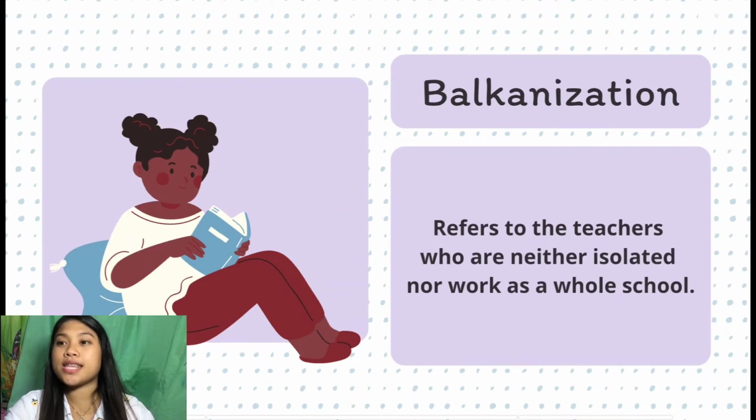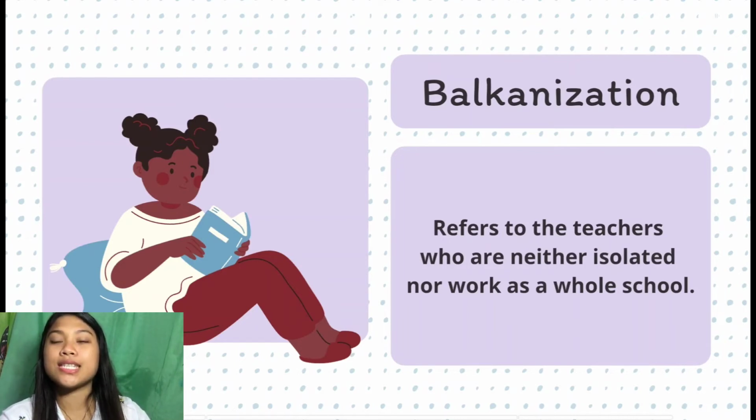And the last one is balkanization. It refers to teachers who are neither isolated nor work as a whole school. Smaller collaborative groups form, for example, within secondary school departments, between senior and junior teachers, and class teachers and resource support teachers. It is to say, teachers create isolated subgroups within a bigger community, for example, primary teacher groups or subject-based groups.